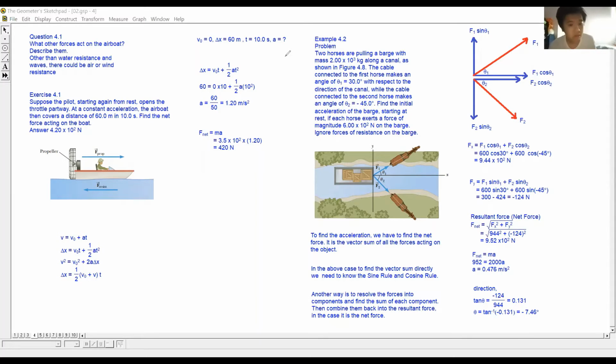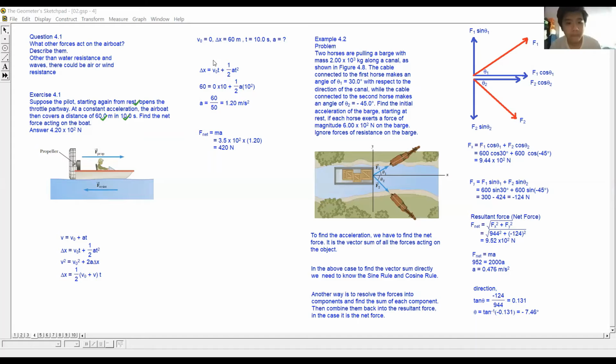Okay, this is the one. Start from rest and covers a distance of 60 meters in 10 seconds. So you are supposed to calculate the acceleration. So now, what are the different quantities that you know?